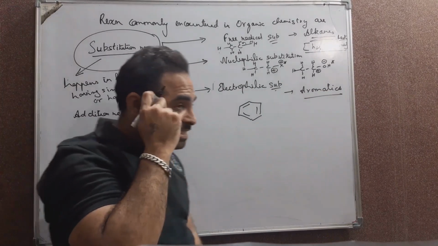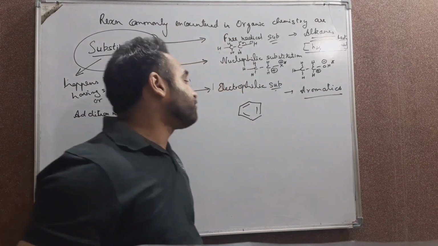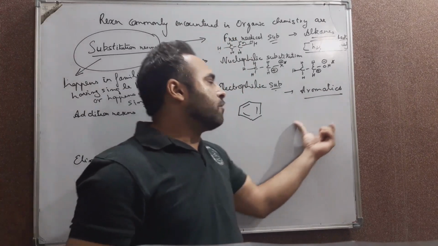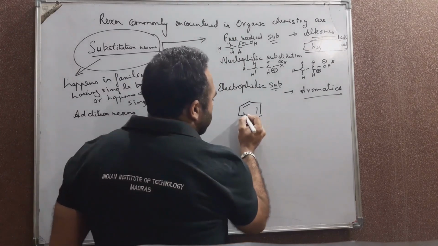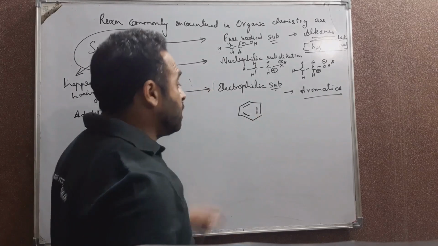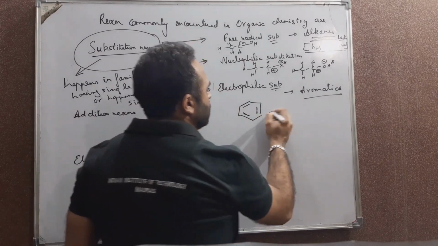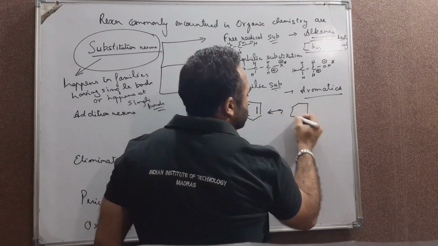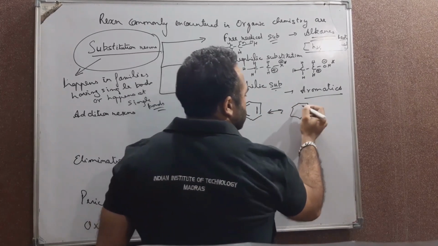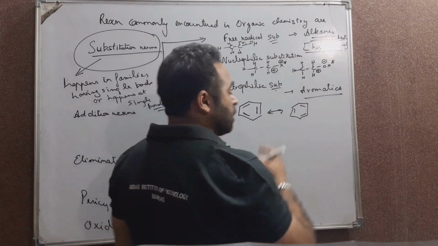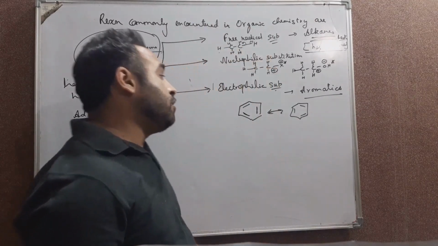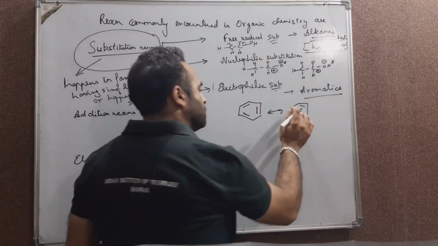I will basically start with benzene reactions. Benzene is a perfect example of an aromatic compound. So you can see here there are pi bonds in the benzene, and these pi bonds are actually delocalized. So another resonating structure which can be written for the benzene is this one. So there is alternate double and single bond, and you know the pi bonds are quite weak bonds.